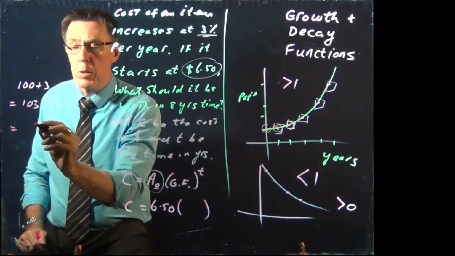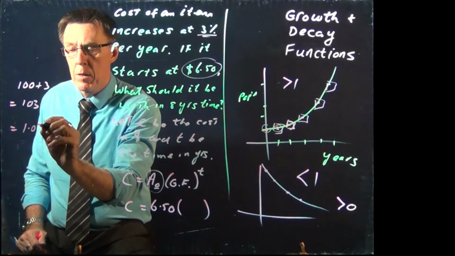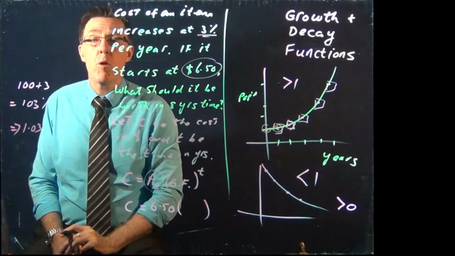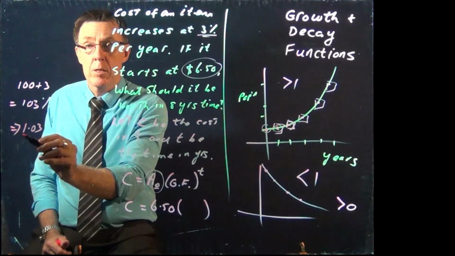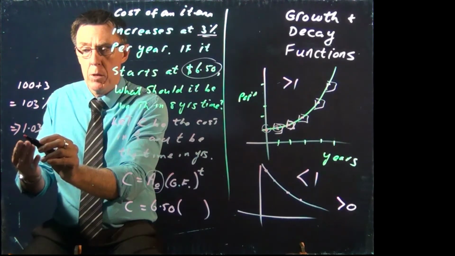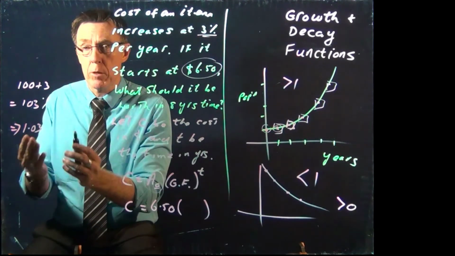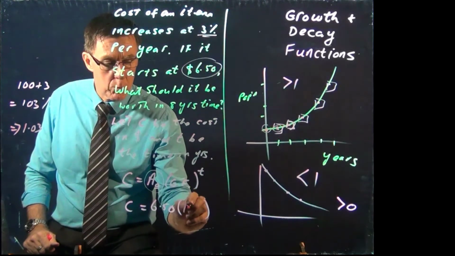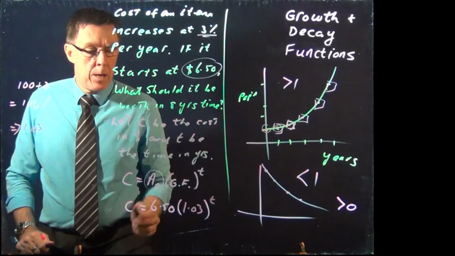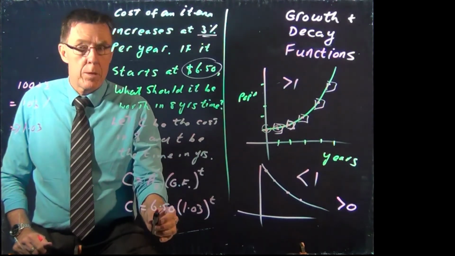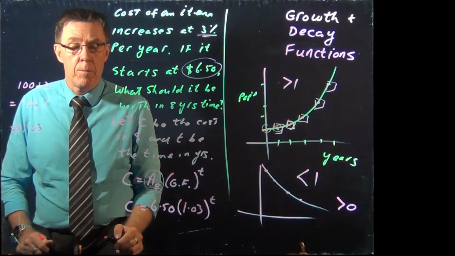So converting that to a decimal, that gives me a growth factor of 1.03. The 1 indicates the 100% that I start with. 0.03 is the 3% extra that gets placed on top. So the growth factor will be 1.03 to the t.